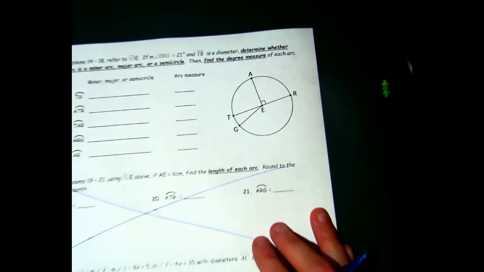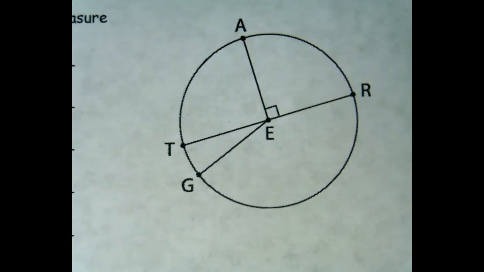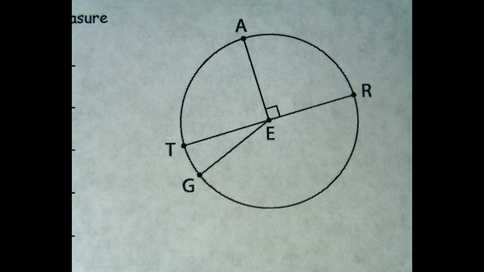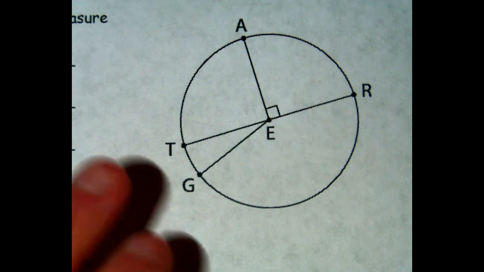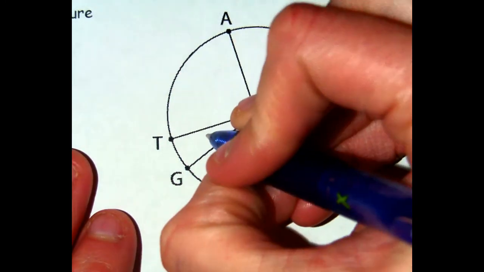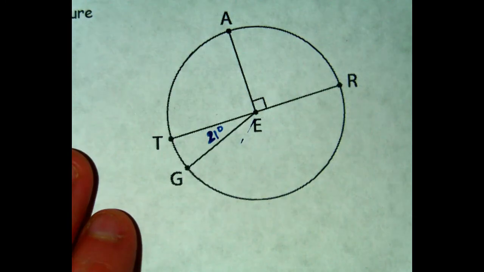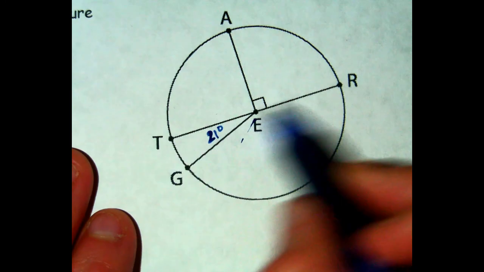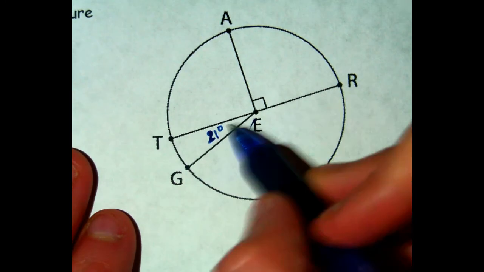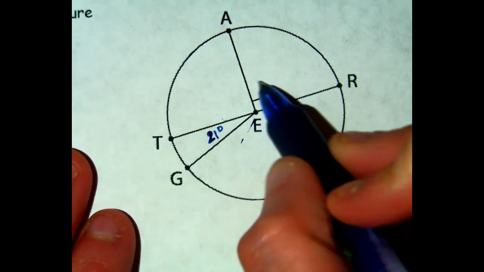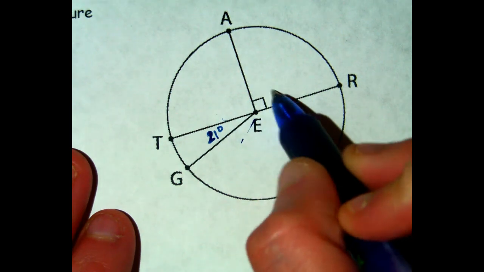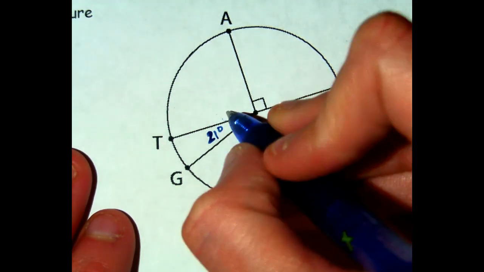Alright, before we even look at the problem, something we're going to do is label this entire circle. The instructions say, measure of angle TEG is 21 degrees. And TR is the diameter. If TR is the diameter, how many degrees around is this? 180. Well, if this is 90, what's this?